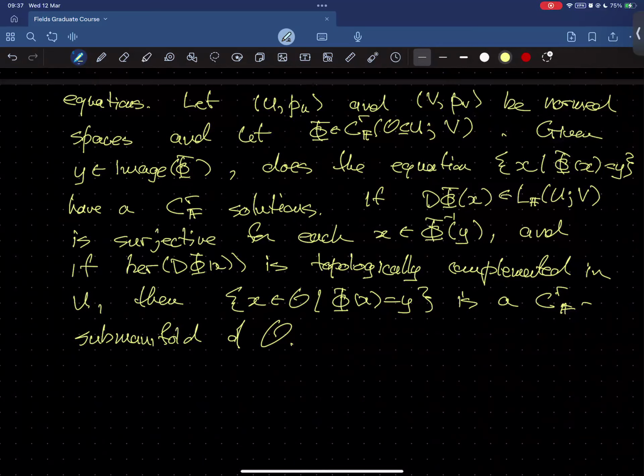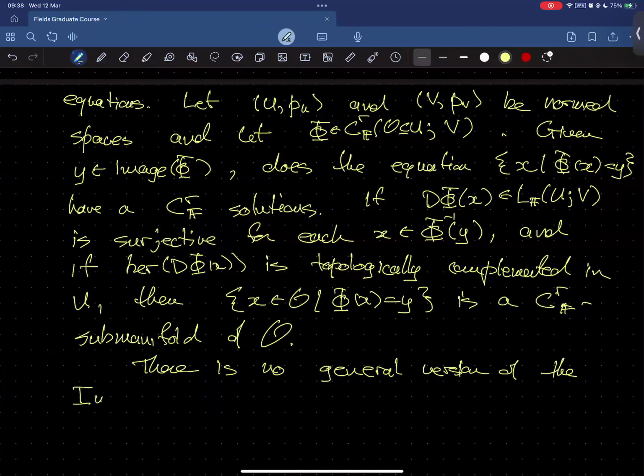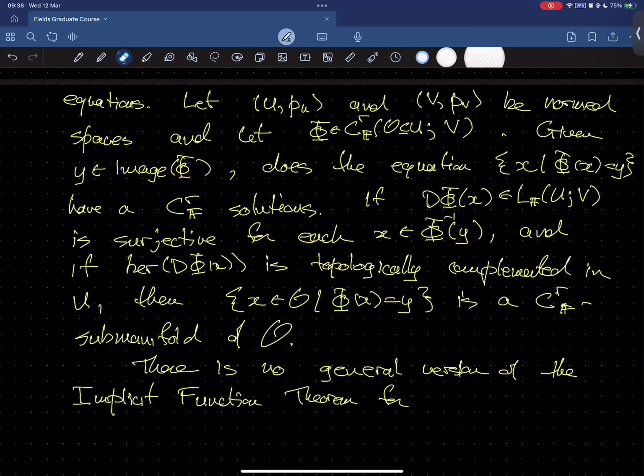There is no general version of an implicit function theorem for locally convex spaces.